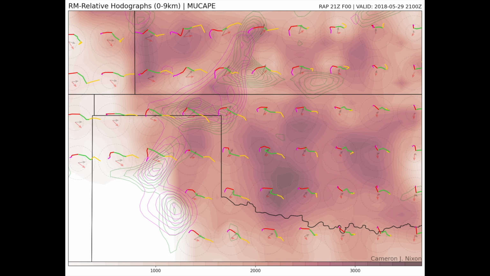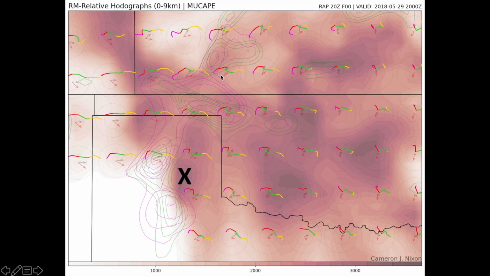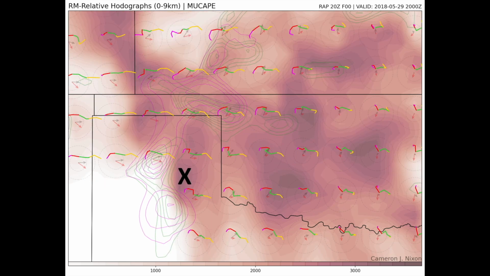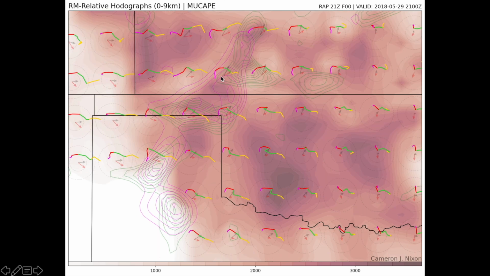As we scroll outward, I'm starting to like this area too. Up in Kansas, we have a little bit stronger forcing and surface vorticity boundary. And if you remember anything about the day, we did have the potential for upscale growth rather quickly, and that is because we have a mean wind vector.